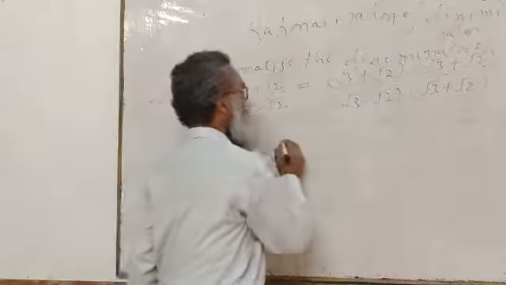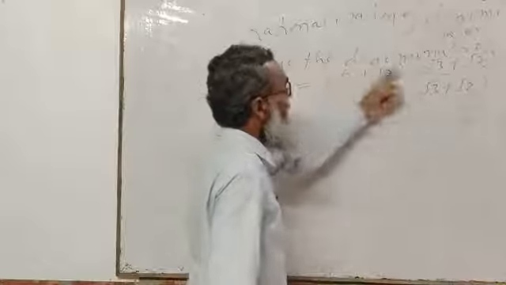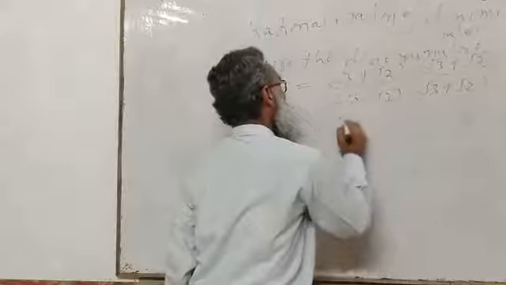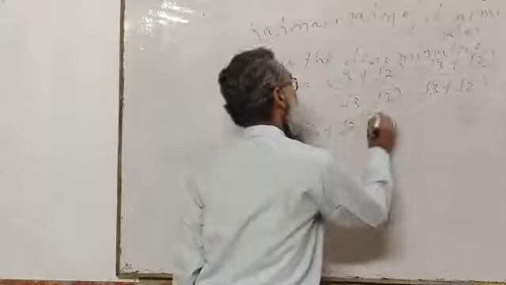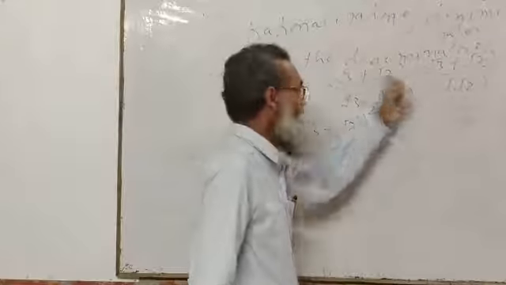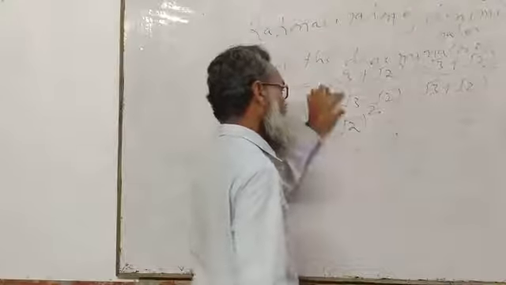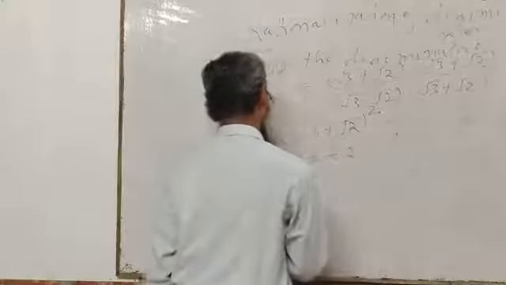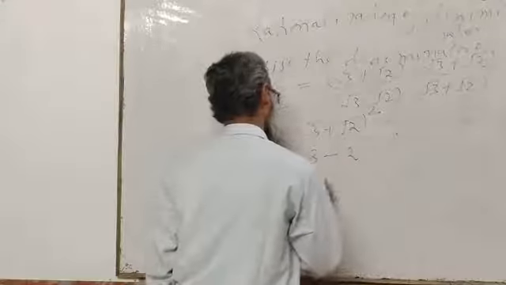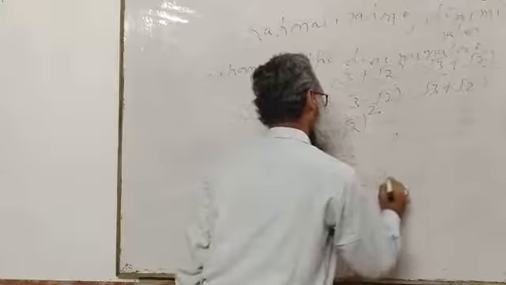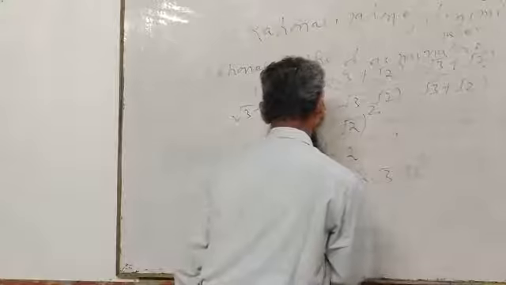So in the numerator you get root 3 plus root 2 times root 3 plus root 2, which is the square of this. In the denominator it is of the form a minus b multiplied by a plus b, which is a square minus b square. The whole square of root 3 is 3, minus the whole square of root 2, which is 2, so the denominator is 1. The numerator is 3 plus 2 plus 2 times root 3 times root 2, upon 1.